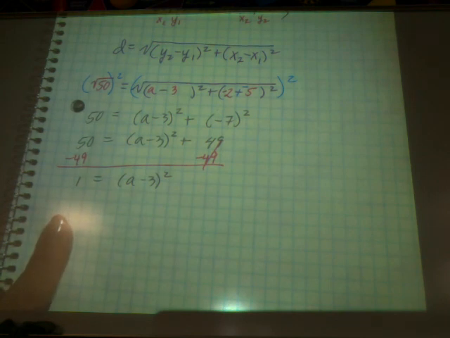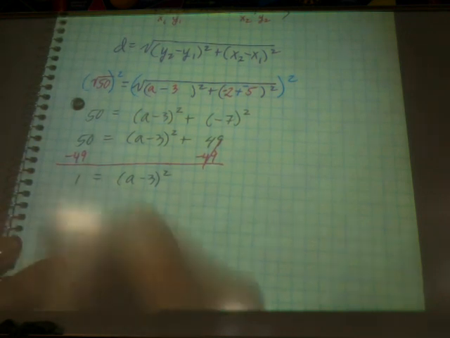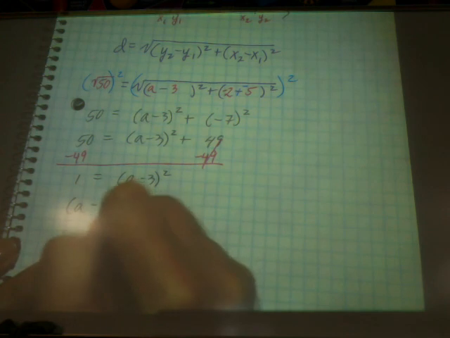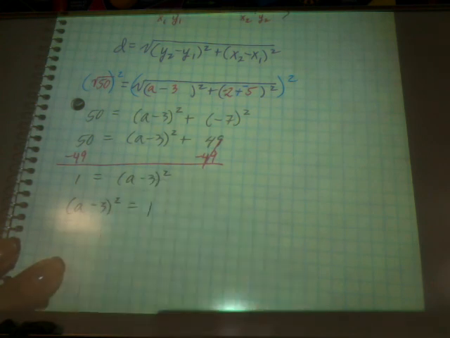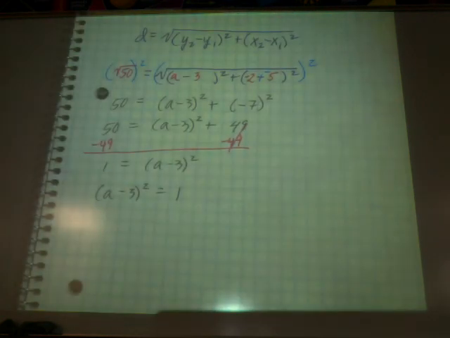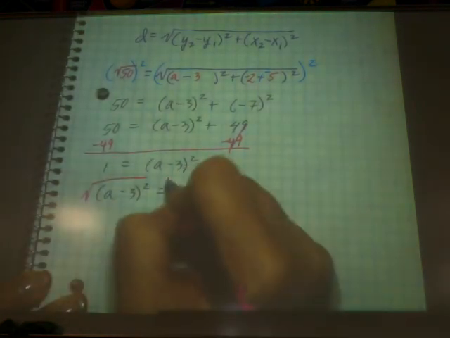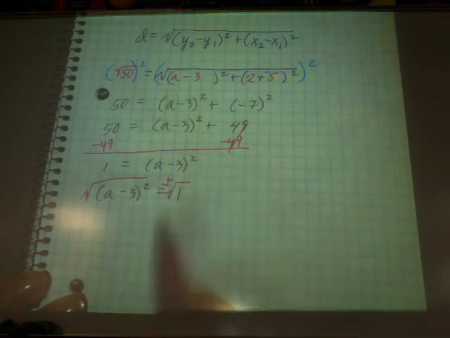You have to do plus or minus. So for our purposes, first I'm going to use the symmetric property, and I'm going to flip-flop this. So I have a minus 3 squared on the left and 1 on the right. You'll see why in a minute for my madness. I don't want the plus minus on the left. Then we're going to take the square root of both sides. If you're going to use this method, you must remember this plus minus when you take the square root of a number.